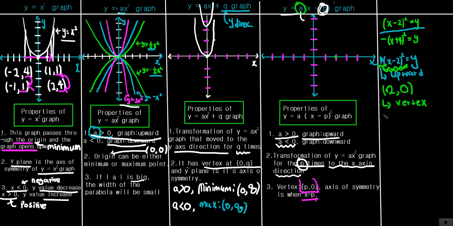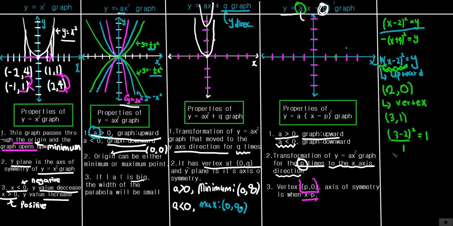If you think about more points, let's think about when the x value is equal to 3. It will be 3 minus 2 squared, and 3 minus 2 is just positive 1, and positive 1 squared is just positive 1. So when the x value is 3, the y value is 1, right over here.